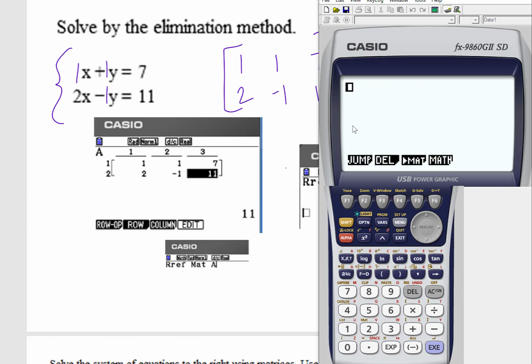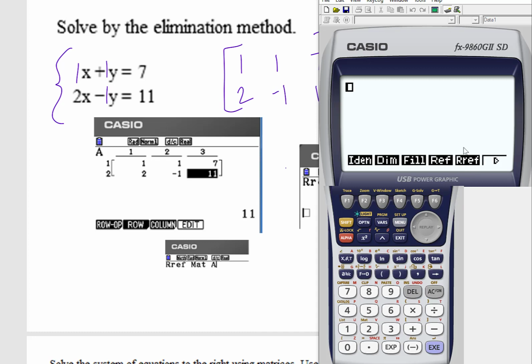So now from the main screen, I'm going to press Option, then F2 for matrix. So notice I'm not choosing matrix from the main screen. I have to press option first. If I press matrix from the main screen, it's going to take me where I just was a second ago, where I can enter in my different matrices, right? So F2, then F6 to get more options.